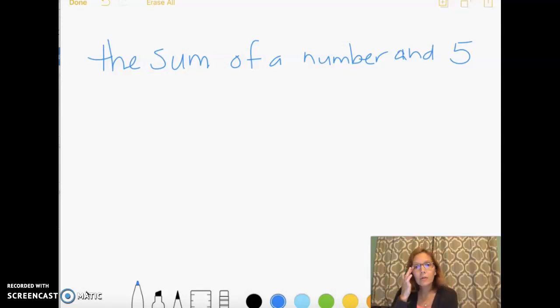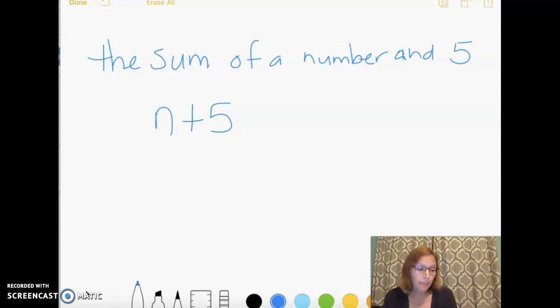So I'm going to take those words and turn it into an algebra expression. I know sum means add, so I'm adding two things together. And it's a number and 5. When I see a number, I know that I need to use a variable for that. So I can simply write n plus 5. That is the sum of a number, n, and 5.